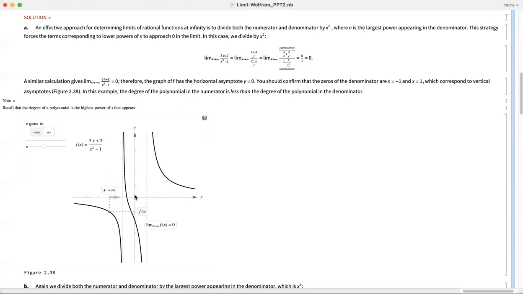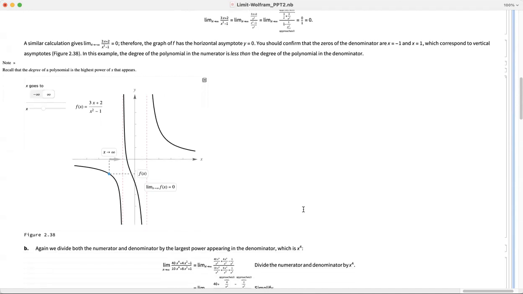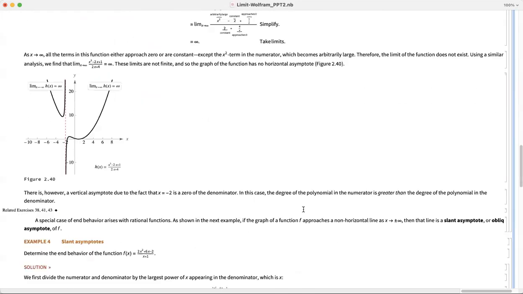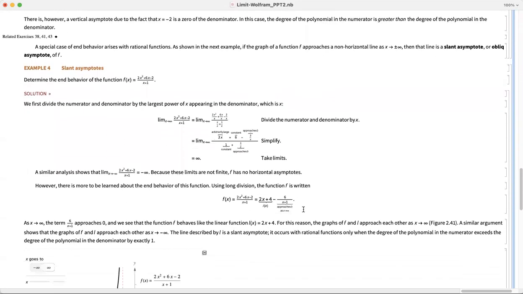So f of x blows up. Doing it this way, we can figure out that the graph should look like this. So this is how to find the vertical asymptote and the horizontal asymptote using the infinite limit and the limit at infinity. Okay. So now the next one is slant asymptote, example 4.